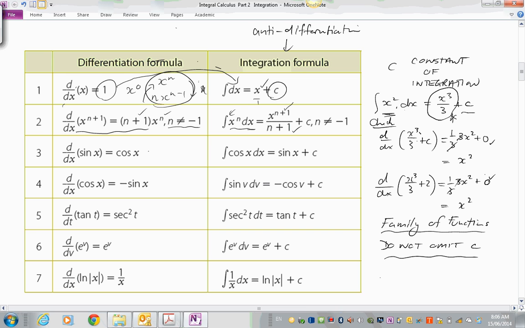So the derivative of sine x is cos x. So if you want to reverse cos x, you'll get sine x back, plus c. Derivative of cos x is minus sine x. So look out. And we've changed the symbols here, it can be anything. You can talk about the variable x or v or t because of motion problems and so on.